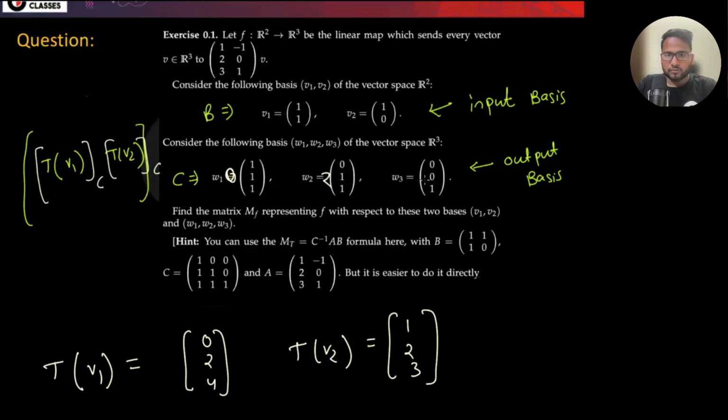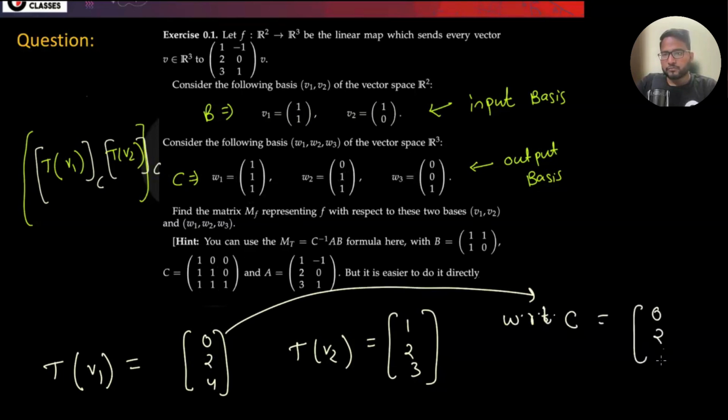This is 2, this is 2. So if you represent this with respect to C, then it comes out to be 0, 2, 2. Similarly, if you represent the other with respect to C, it comes out to be 1, 1, 1.